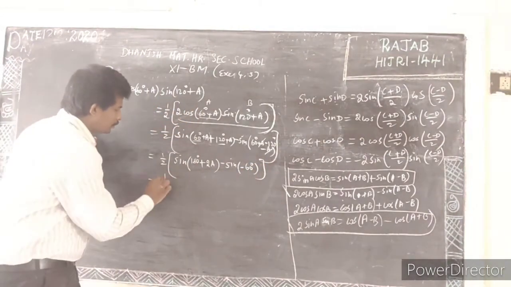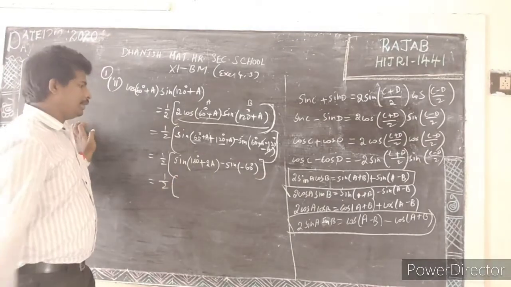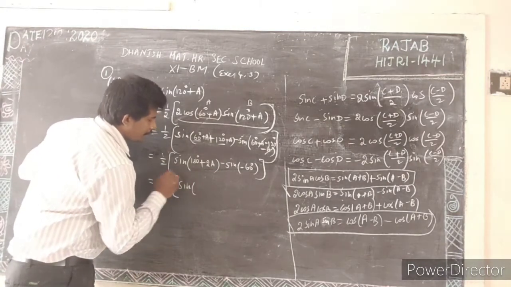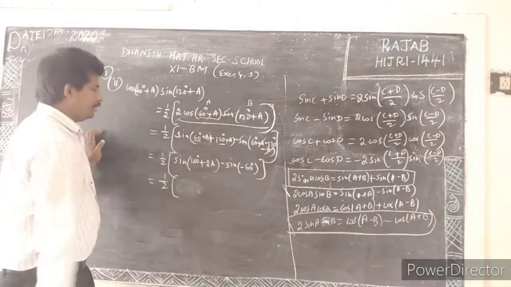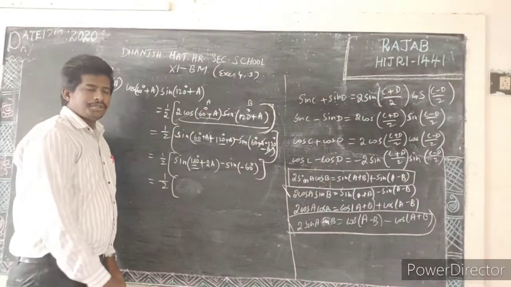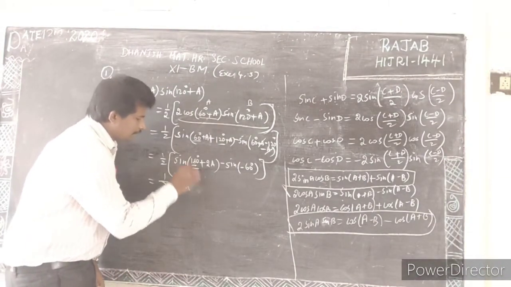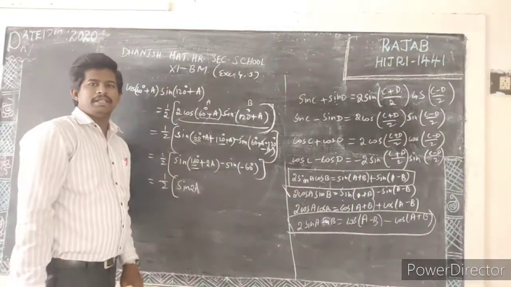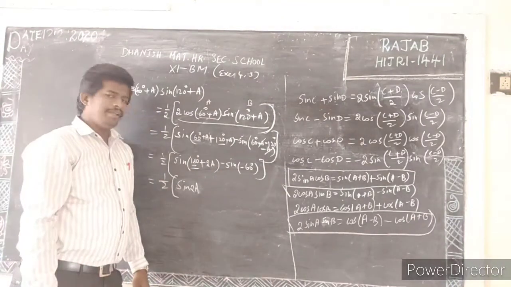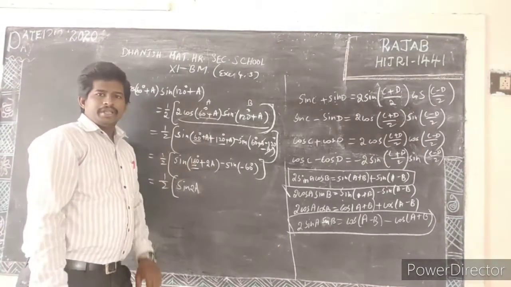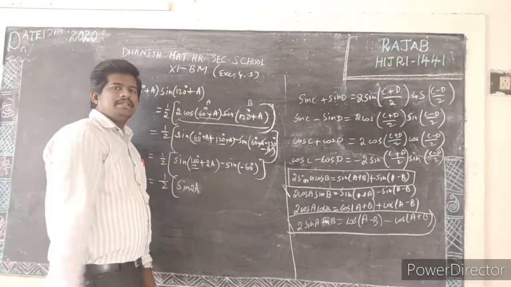Now here we are having 180 plus 2a, so the angle lies in the third quadrant.